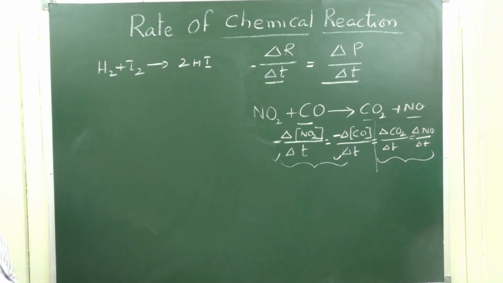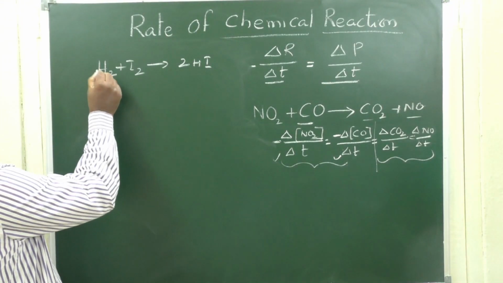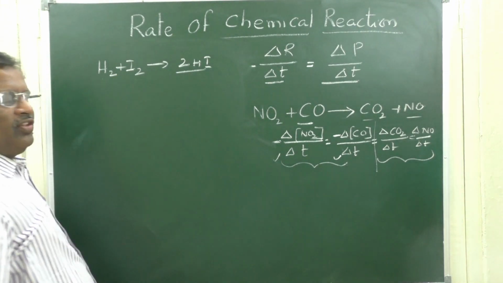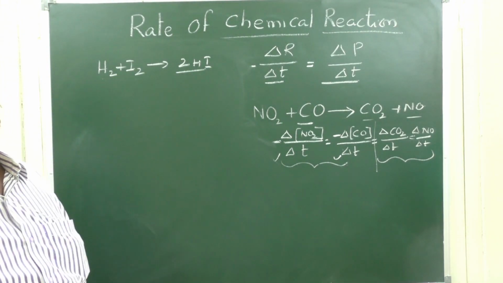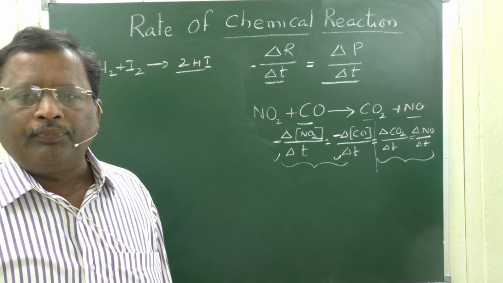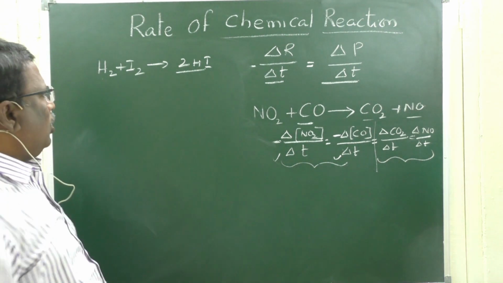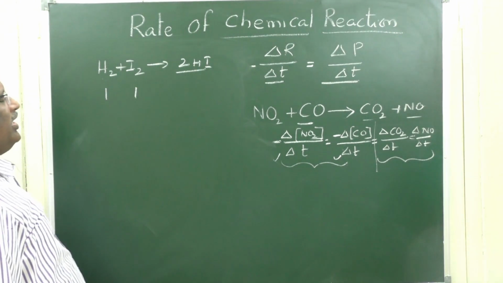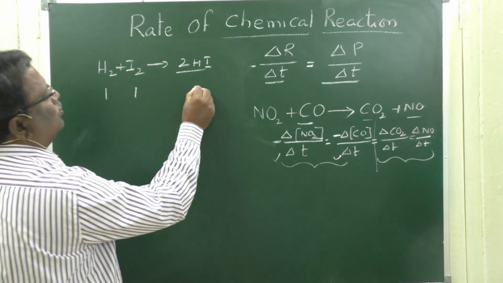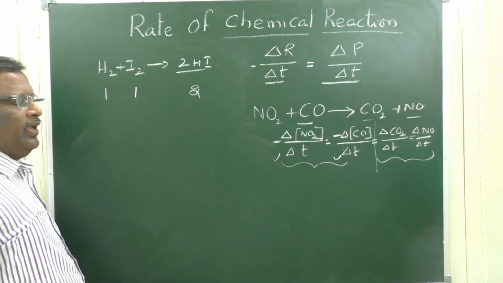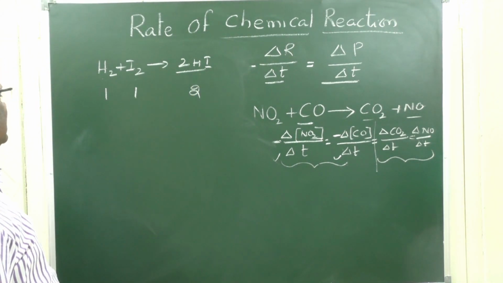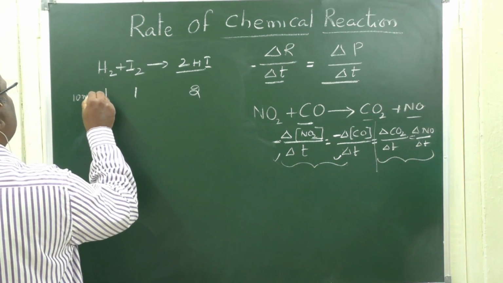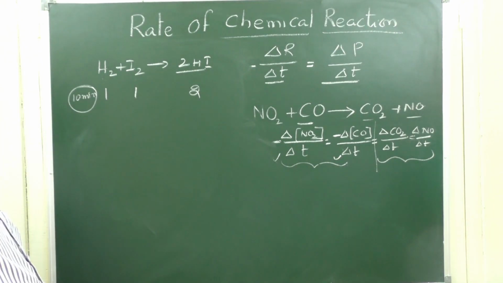in this particular reaction, we have 1 mole of hydrogen and 1 mole of iodine, and when they react with each other, 2 moles of HI are formed. Now, 1 mole of H2 reacts with 1 mole of I2, and 2 moles of HI are formed. For this change, let it take 10 minutes. So delta T is 10 minutes.